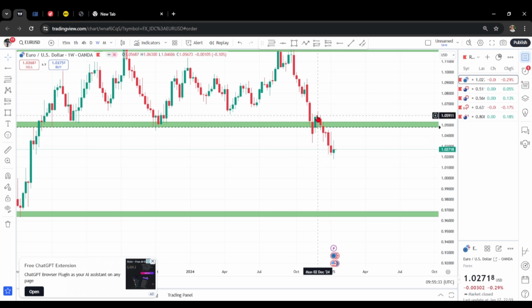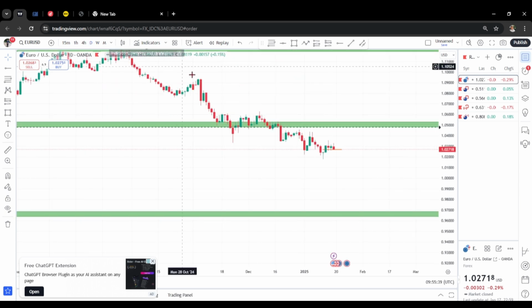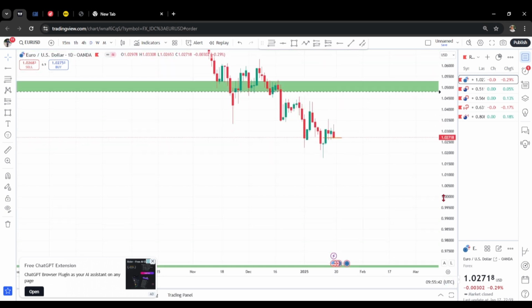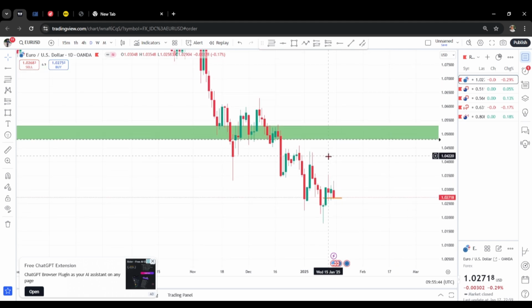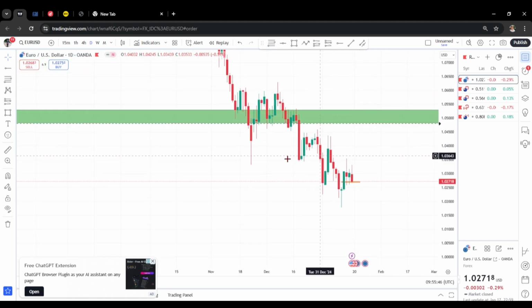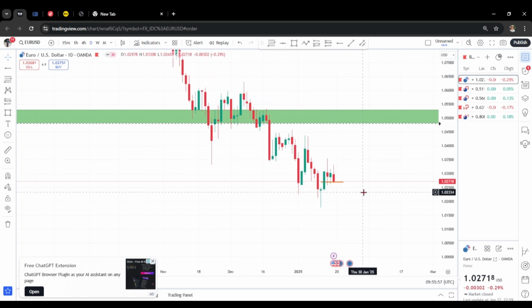So now scale down to lower time frames. You can see the weekly confirming that the market is bearish. Scale down to the daily time frame to refine our entry. On the daily, you will see the market was making lower highs and lower lows, lower highs and lower lows.